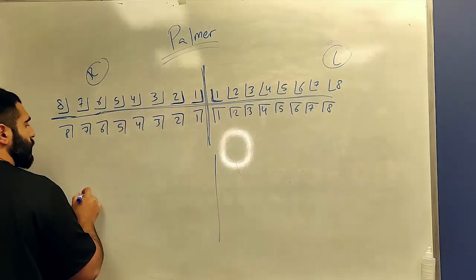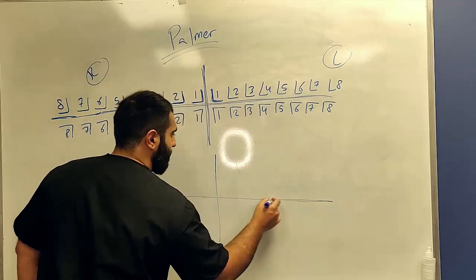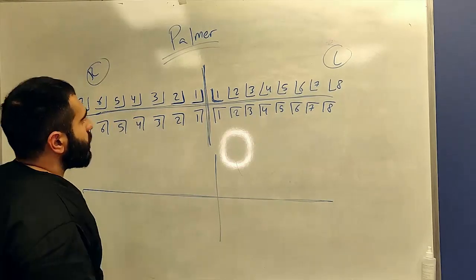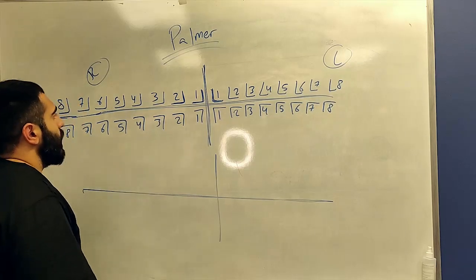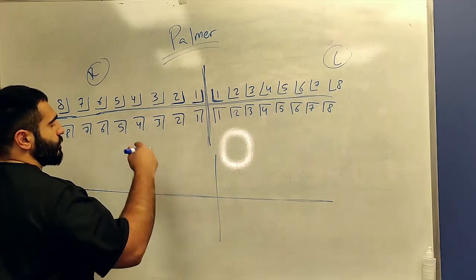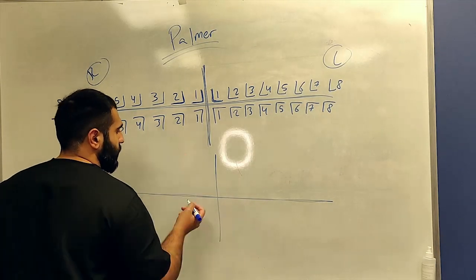In the primary dentition, they use the alphabet and follow the same drawing system, or the bracket system.